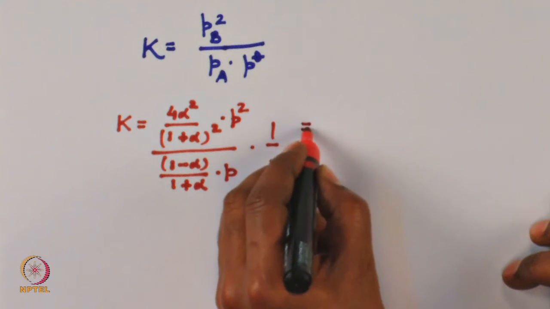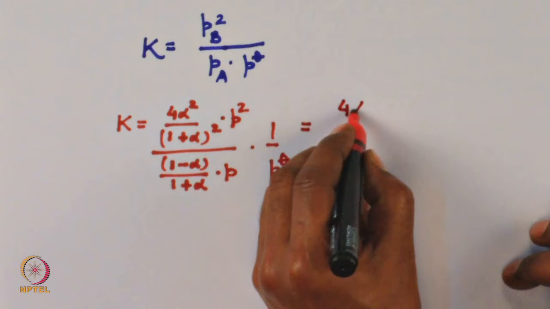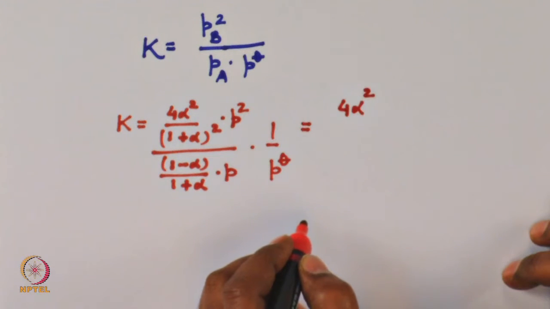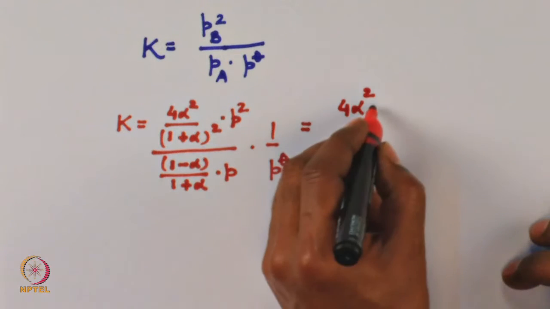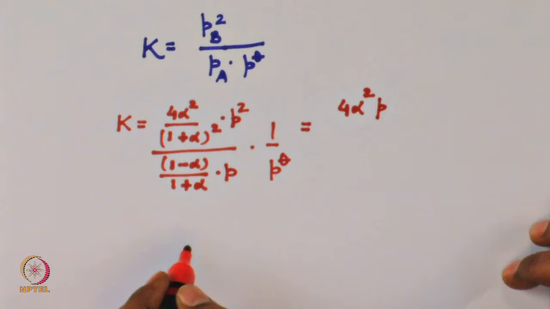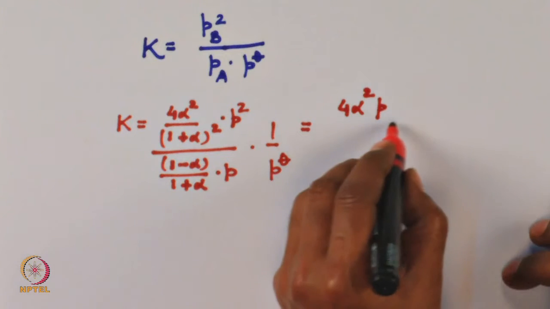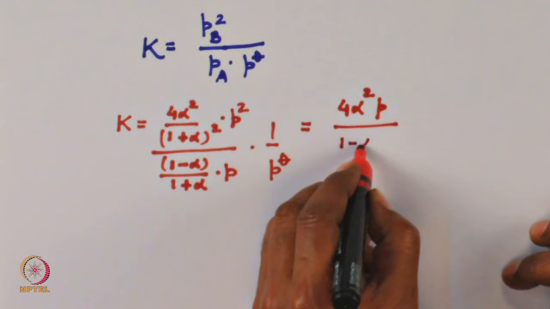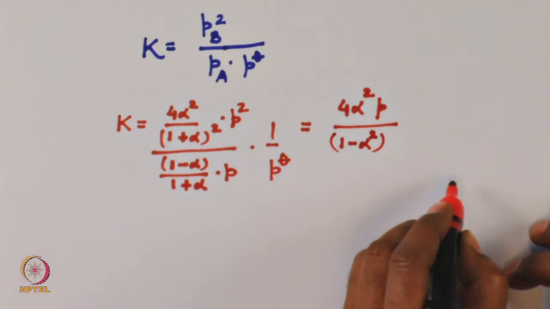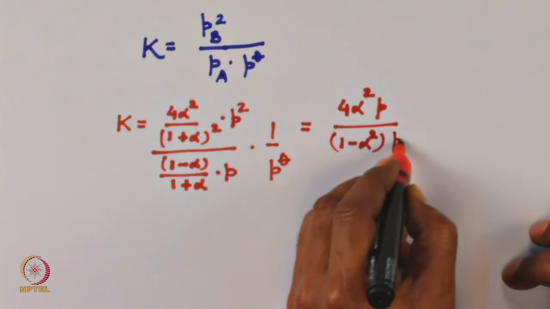So, this is equal to 4 alpha square into P divided by (1 minus alpha square) into P naught.